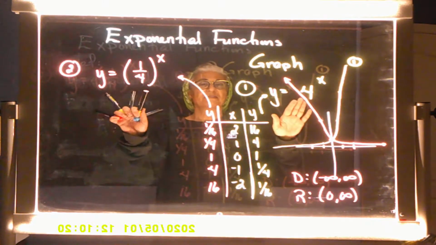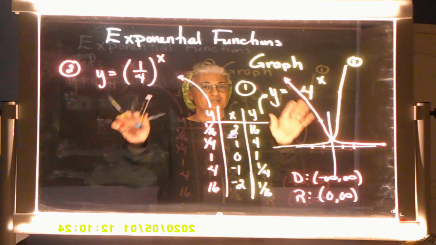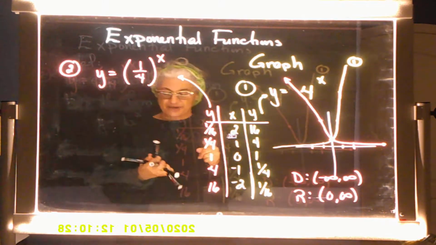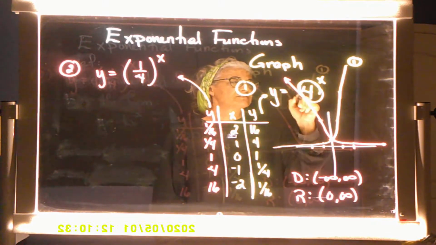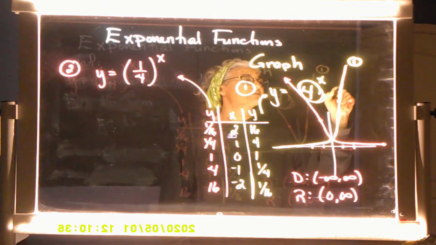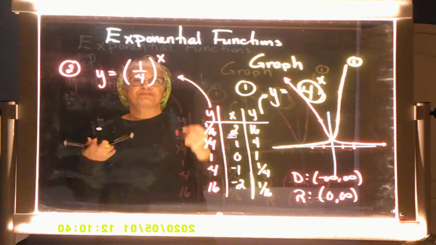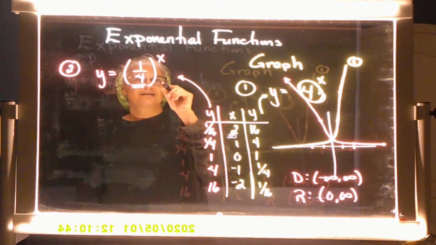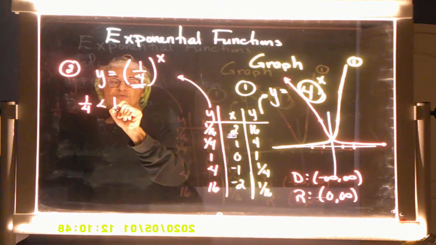All right, so now let's take a look at this. These two graphs are a little bit different, but at the same time they have something in common. So, when my base was an integer, do you notice we got this increasing graph? Right? When my base was a fraction, notice, and by the way, this fraction, this 1/4 was less than 1.